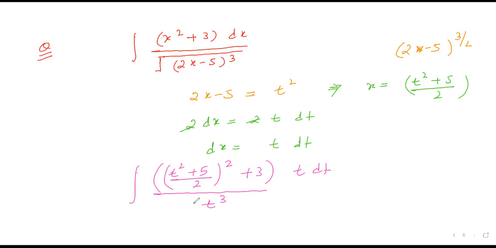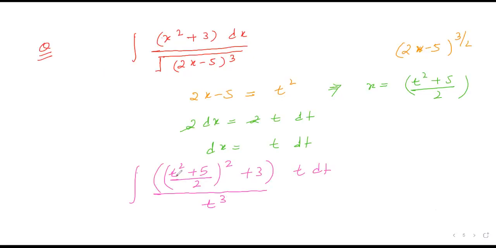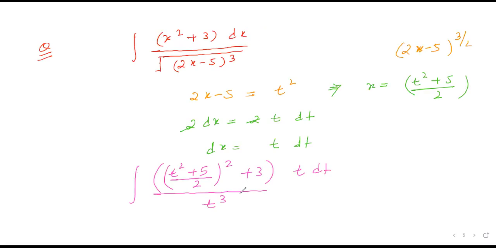Now you can very easily integrate that function. So now basically we have to expand the square. So it is t raised to the power 4 plus 25 plus 10t square, and 4 into 3 is 12.